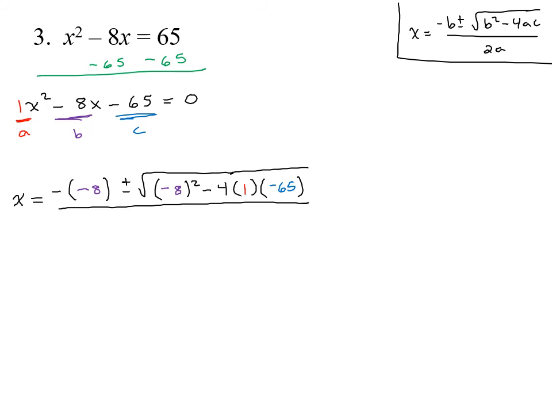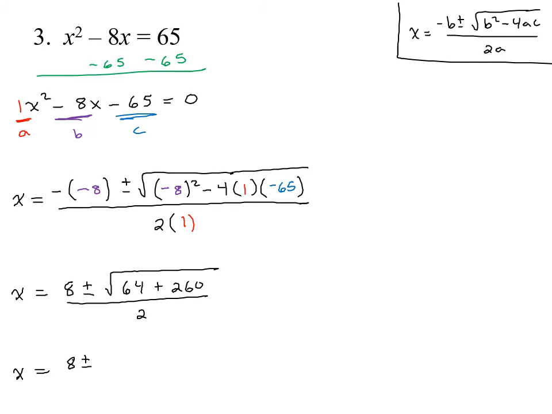All divided by 2 times 1. And so we look and see what happens. So we'll end up with a positive 8 because the two negatives cancel. 8 squared is 64. Negative 8 squared is 64. And then I'll have 65 times 4, which is 260. All divided by 2.